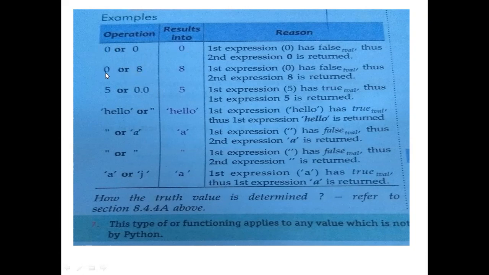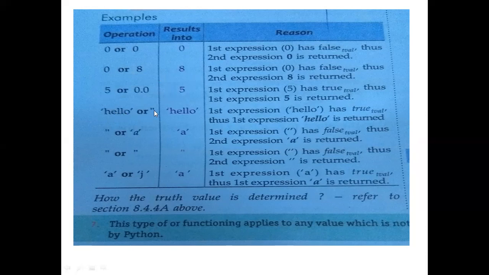So if the first is false, then it will give the value of y. So that's why it will result in 8. Then 5 returns true and 0.0 returns false. So when x returns true, it will give the value of x. The value of x is 5, so it will be 5.